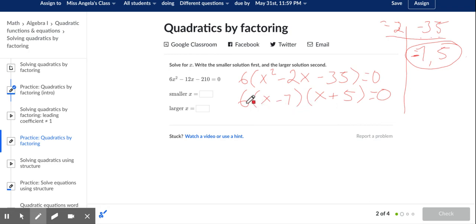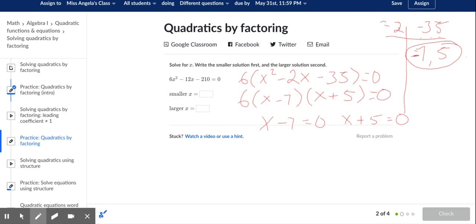That's not possible. If it were 6x, then that would be a third equation. 6x equals 0 would be something I can solve. 6 equals 0 is nonsense. So we ignore the 6, and we have x minus 7 equals 0 and x plus 5 equals 0.